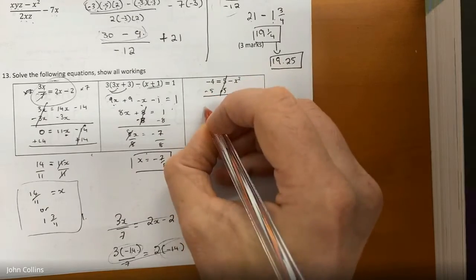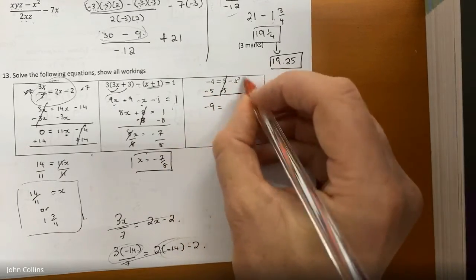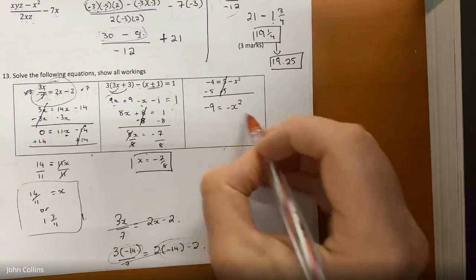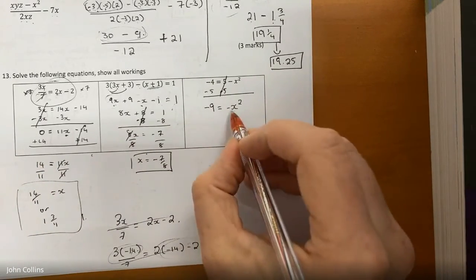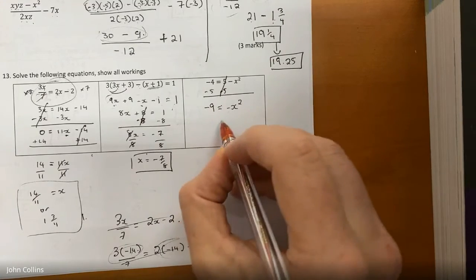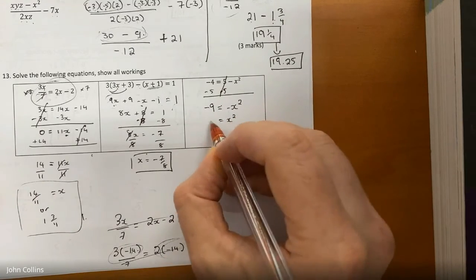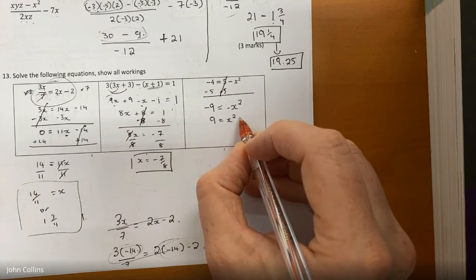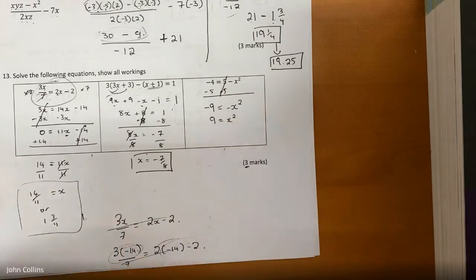Minus 4 take away another 5 is minus 9. Minus x squared is still minus x squared. Okay. Well, that's minus 1x squared. If minus x squared equals minus 9, positive x squared must equal positive 9. Okay? But x squared equals 9, not x. So this is a bit weird.